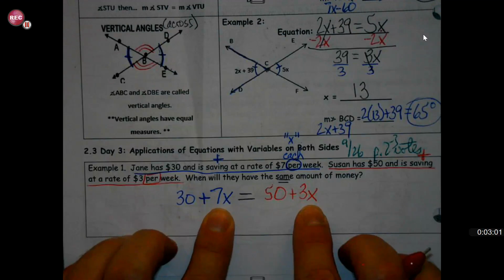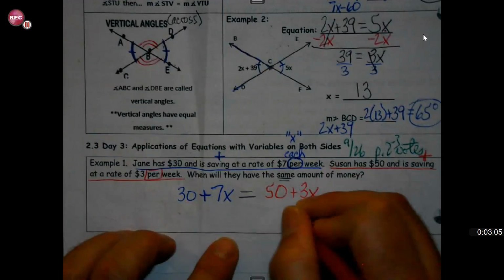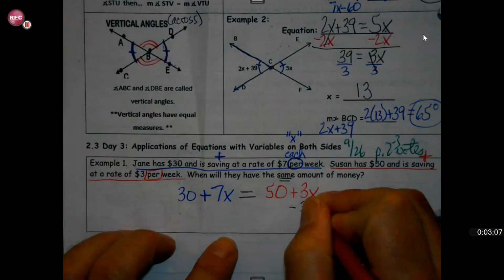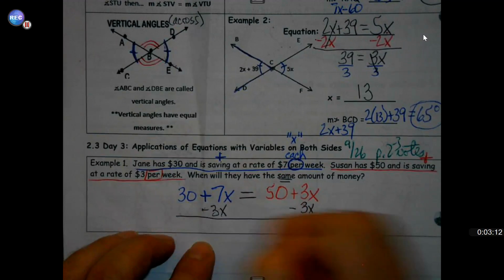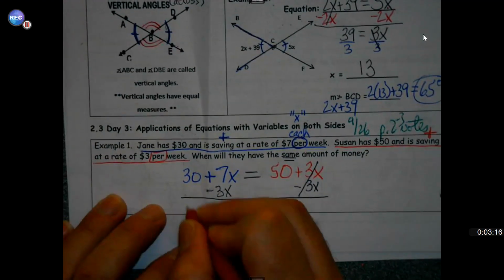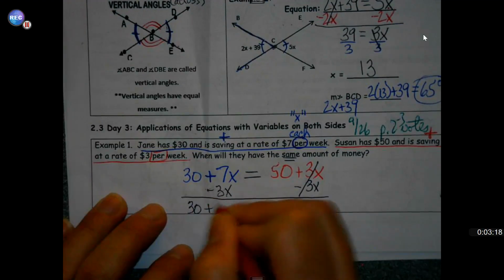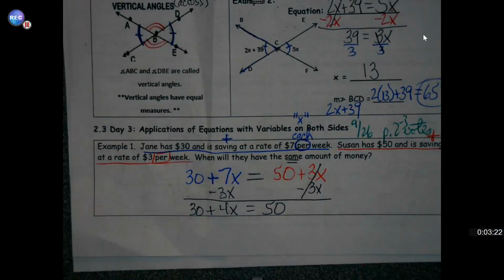All my x's need to be on one side. So we do an opposite. The opposite of positive or plus 3x would be to subtract that, which is going to move all of our x's to one side.